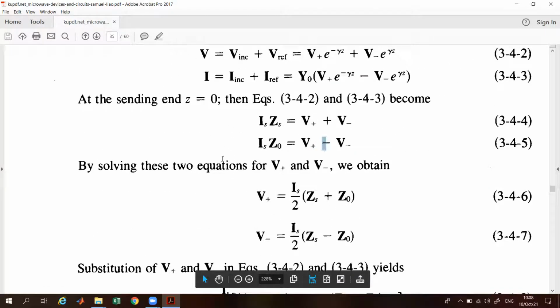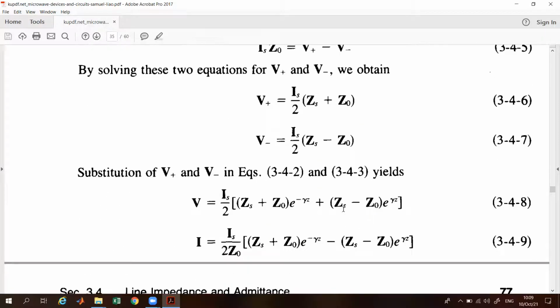By solving these two equations for V plus and V minus, we obtain V plus equals Is divided by 2 times Zs plus Z naught, and V minus equals Is divided by 2 times Zs minus Z naught.